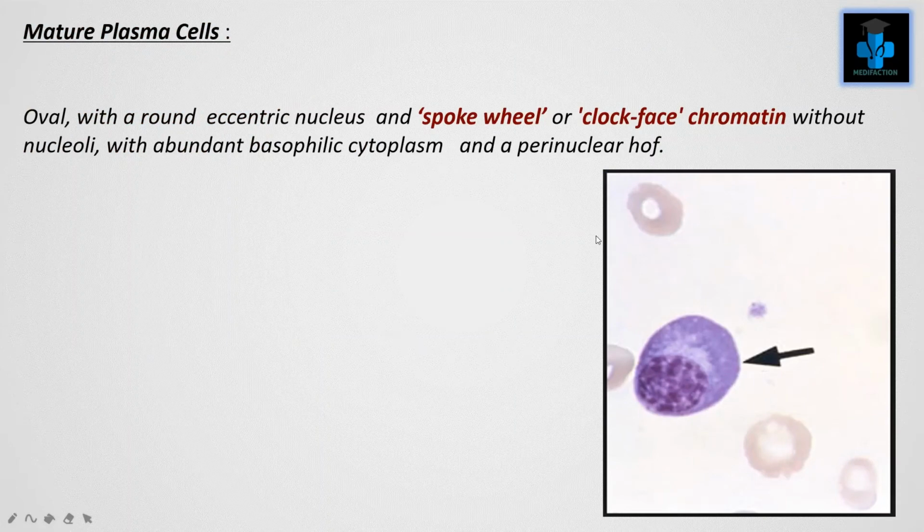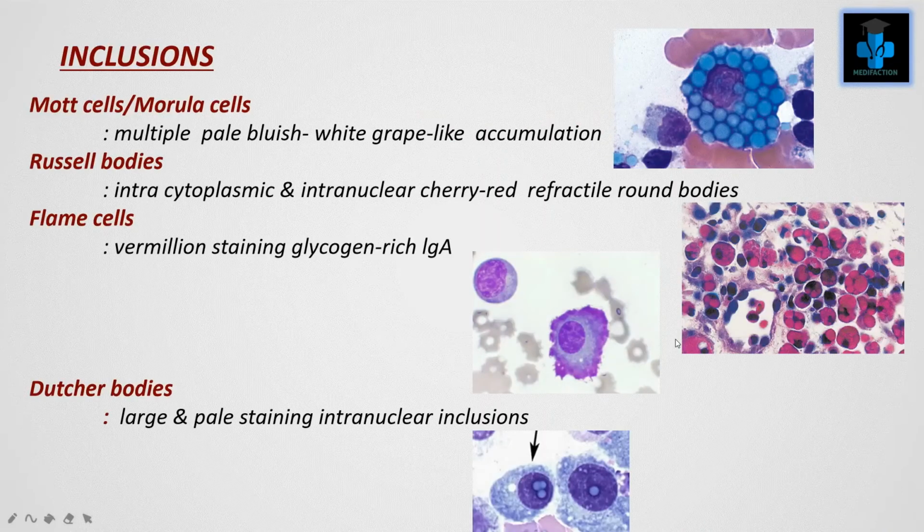Mature plasma cells, which are oval with a round, eccentric nucleus and spoke wheel or clock face chromatin without nucleoli, with abundant basophilic cytoplasm and a perinuclear halo. Inclusions: first is Mott cells or morular cells, which are multiple pale bluish-white grape-like accumulations.